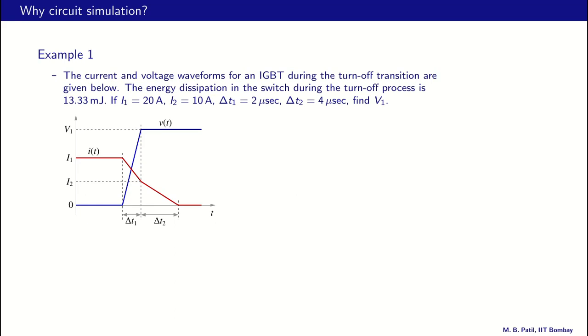Let's suppose that there is a student who has looked at this problem and has solved it through much hard work and has got some value for V1. Now he or she wants to verify whether this value is correct. So the idea now is to provide the student with a Jupyter notebook which will allow him to do that verification.